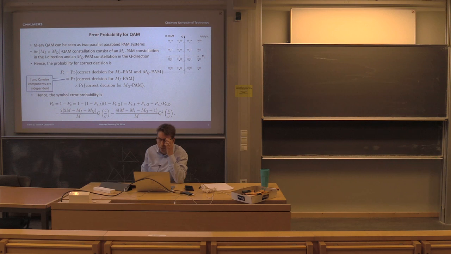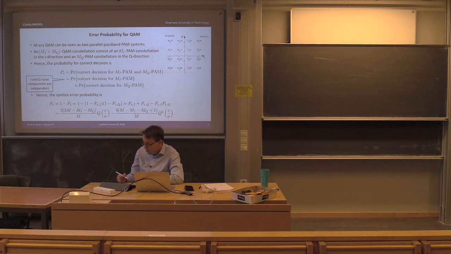So what is QAM? Well, basically it's like 2 PAM systems running in parallel, one along a cosine carrier and one along a sine carrier. And it has a constellation that looks something like this. So for different points here, that means a different PAM system along the in-phase axis, cosine carrier, and something along the sine carrier.